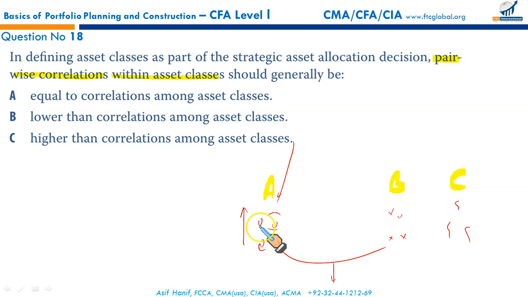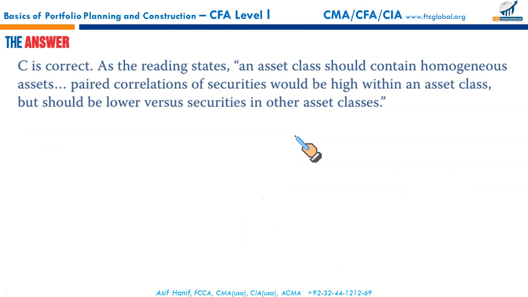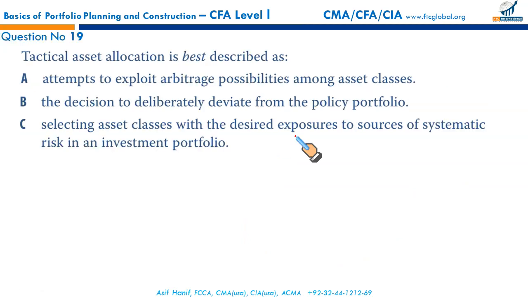That is, the correlation among the securities in the class would be higher, and the correlation between these two asset classes should be lower, and that makes C the correct option, as just discussed a little while ago. Then we have probably the last question. Tactical asset allocation is best described as an attempt to exploit arbitrage possibilities among asset classes.